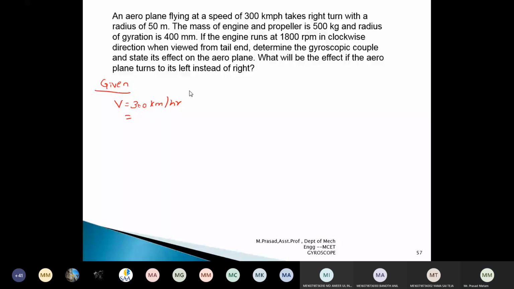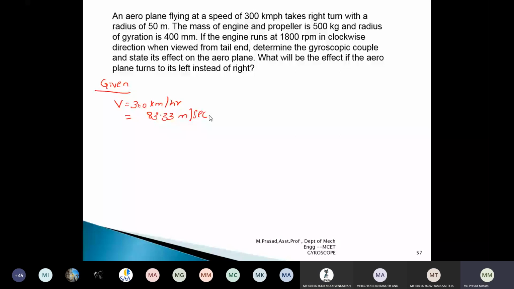Open the calculators and give me the answer. Anyone can give me the answer in meters per second. 83.33, right. 83.33 meters per second, the velocity we got.